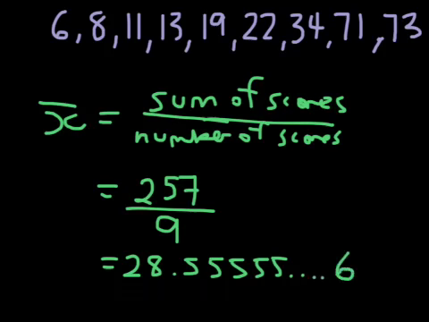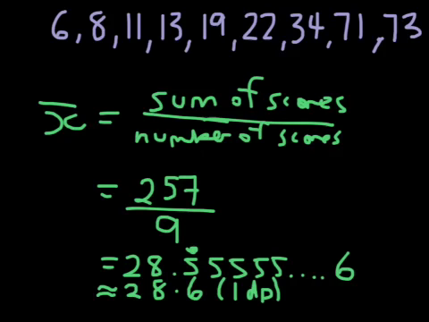Now really your calculator's just rounding there. It's really 28.5 recurring, but we're going to approximate it to 1 decimal place, and we're going to say that it's 28.6. I'm just going to write here 1 dp, so that everyone knows I've rounded it to 1 decimal place.